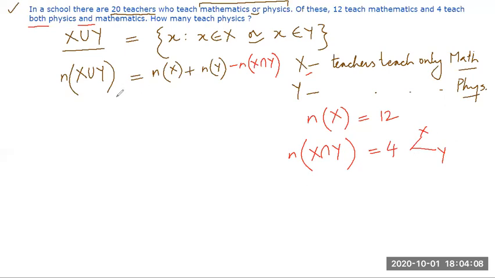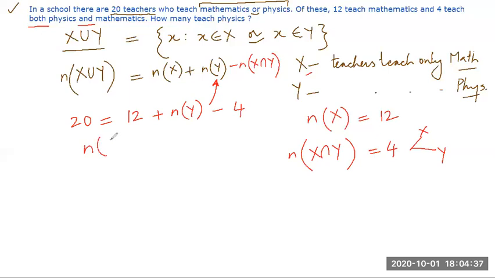Very good. So how many teach physics? Basically we want to find out n of Y here. Am I right? So we'll put all the values: X union Y is 20, equal to 12 who teach mathematics, plus n of Y who teach physics, minus 4. Very good.